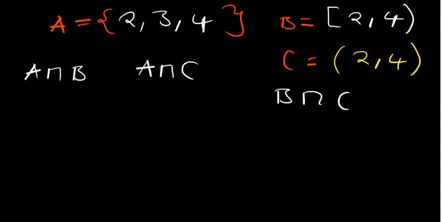Very easy. So for A intersection B, what do you think is the answer? Anyone to give us an answer there? 2 and 4. How are we going to present them? Using what kind of brackets? These or the parentheses there?